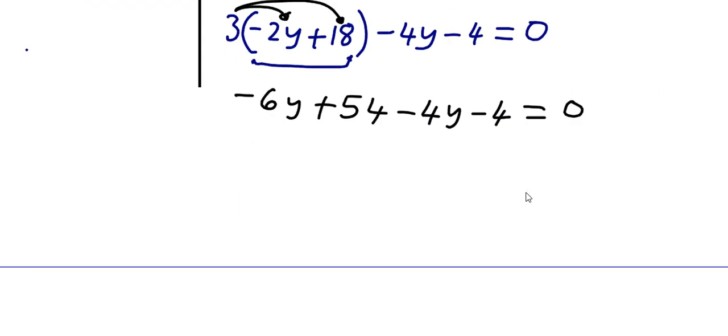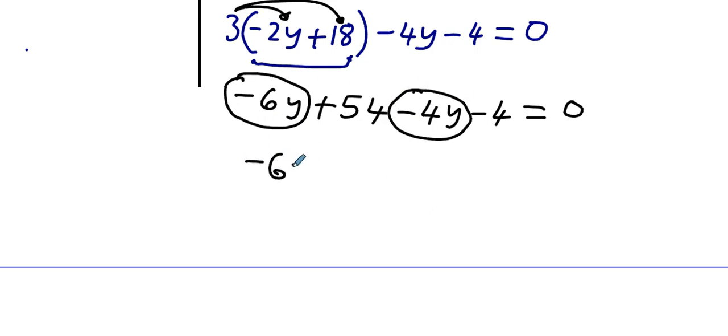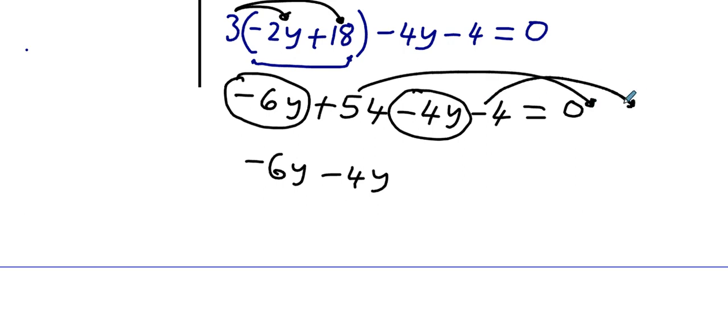Then we need to collect like terms. Negative 6y, negative 4y, put them together. 54 minus 4. These numbers will be taken to the right hand side, so that will be equal to 0.